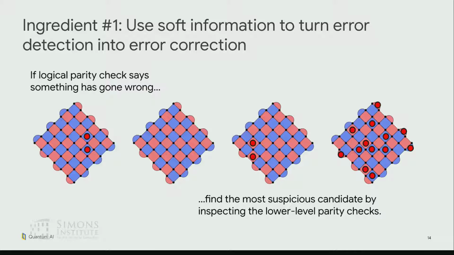These red dots represent syndrome flips, places where an error has happened nearby. I can say, well, these 3 surface codes look totally fine. I'm not too worried about an error on any of these 3, but this surface code looks very, very suspicious. And so I can find the most suspicious candidate by inspecting this lower level information. And then from that, I can choose which of these surface codes to flip back where I think the error has happened.